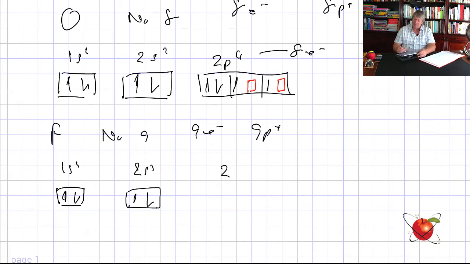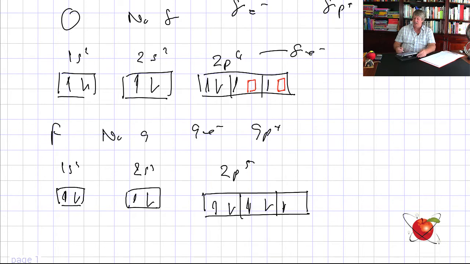Now we go 2p, and to get to 9, we need 5 electrons. Okay, how does it look? We've got this like this. There we go. Unpaired first. Can you see we've got 1 parking spot available? So here we've got 1. Here we've got 2.